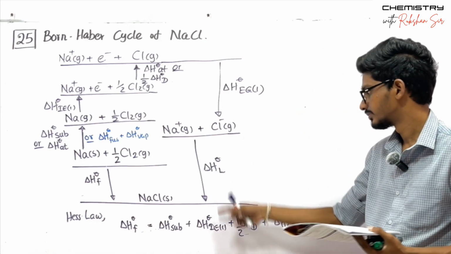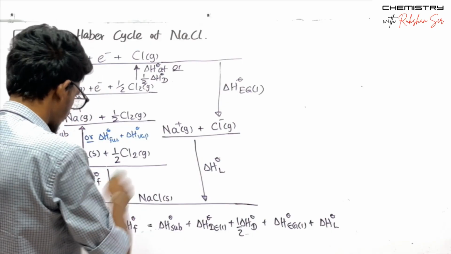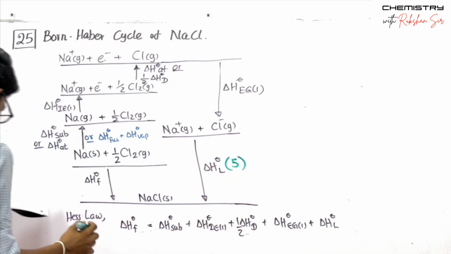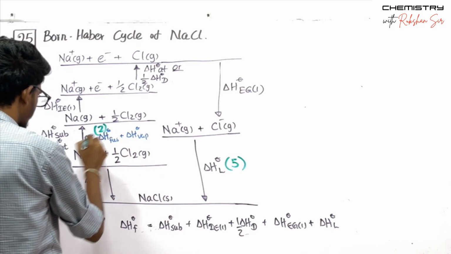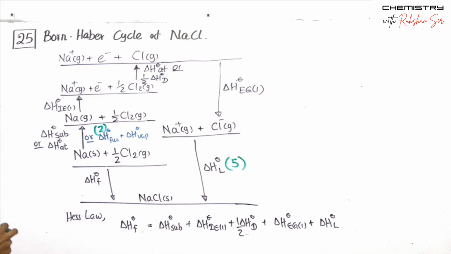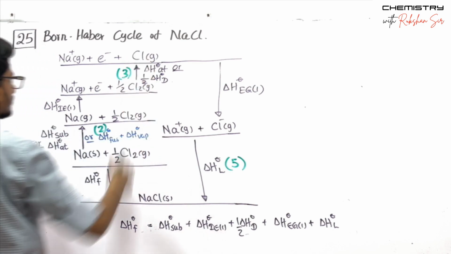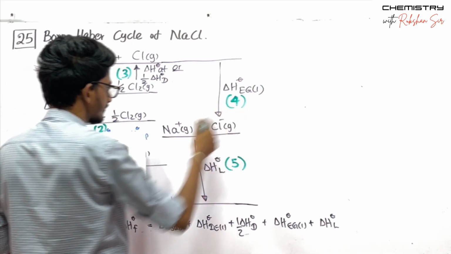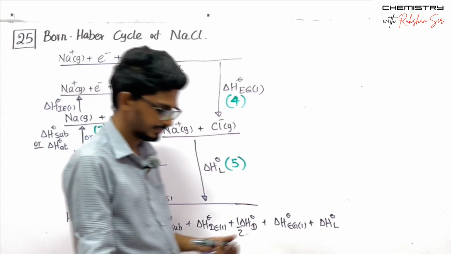This is the right choice number 5 appearing, and here you have choice number 2 with the fusion, and choice number 3 appears here, half of this thing. Choice number 4 is this one, electron gain. So 1 is the one which is not there. So the answer is answer number 1, which is not appearing.